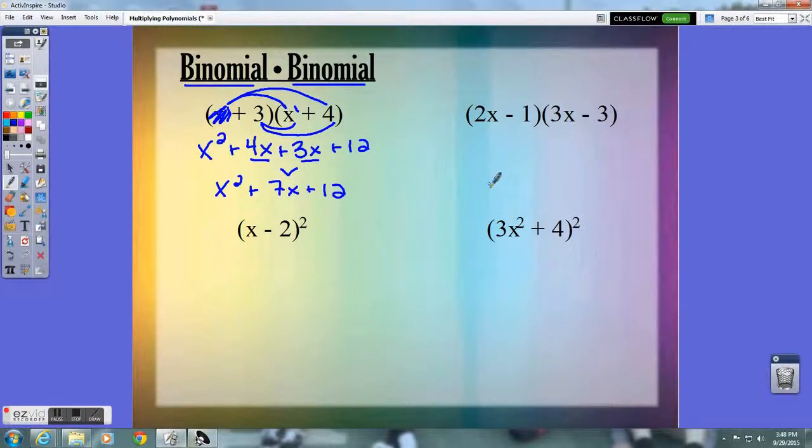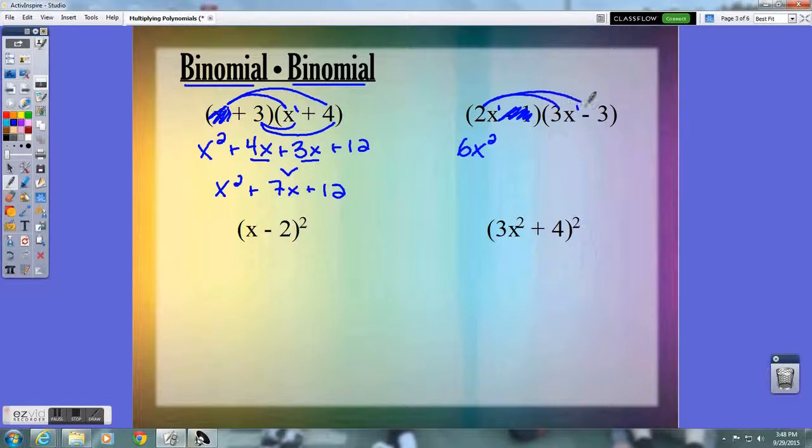For our next example, 2x minus 1 times 3x minus 3. I'm going to start by forgetting about the negative 1 and distributing 2x like normal. So 2x times 3x would give me 6x squared, because don't forget, there's those little ones there that you add.